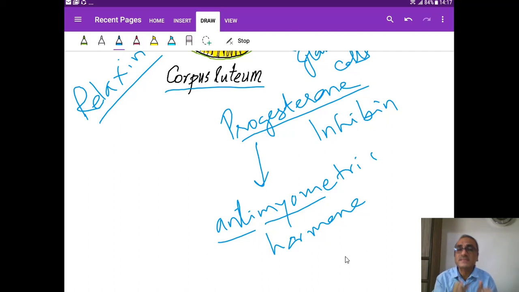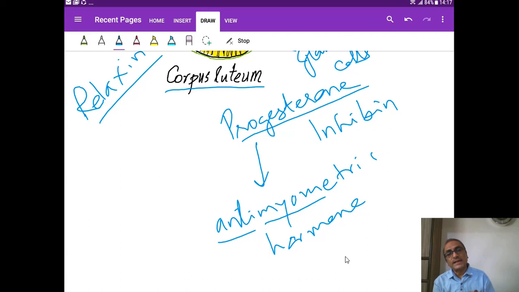After the 21st day of the menstrual cycle, if there is no implantation, that means there has been no fertilization. So the corpus luteum shrinks and progesterone is withdrawn. The release of the progesterone will be stopped.